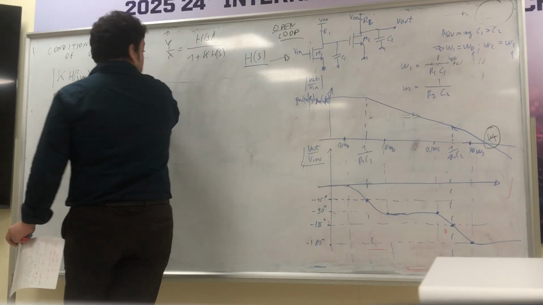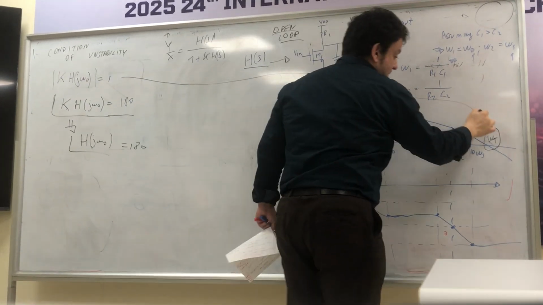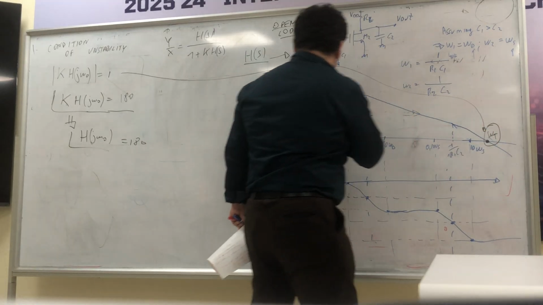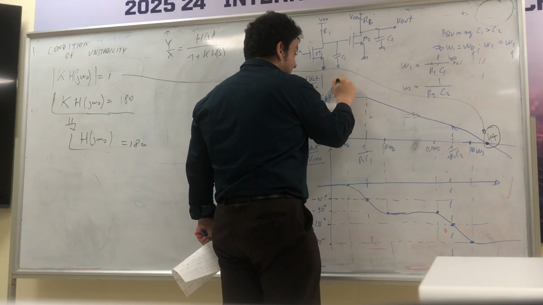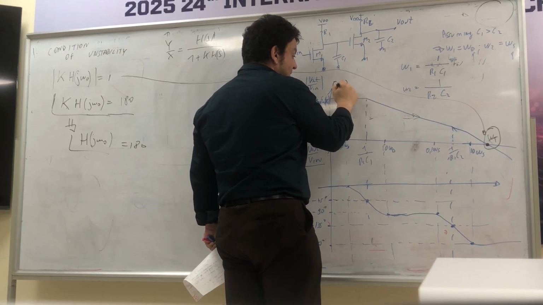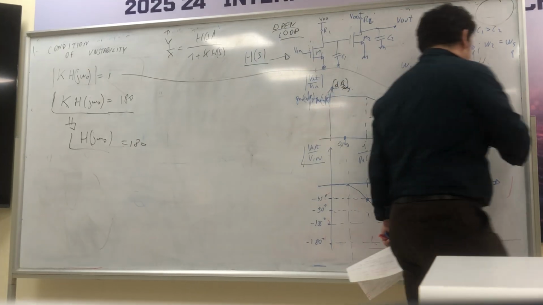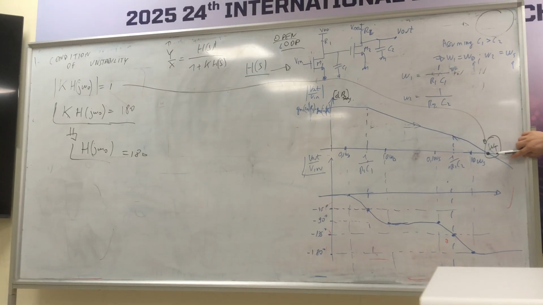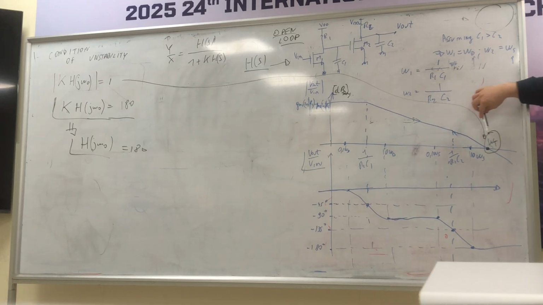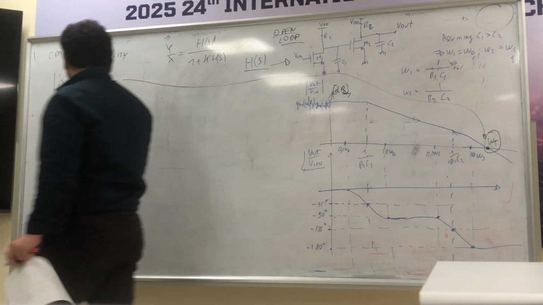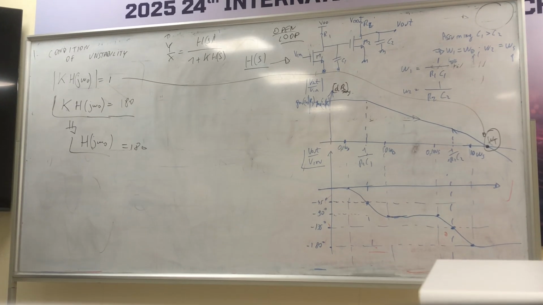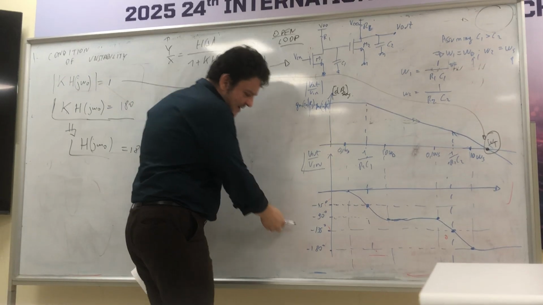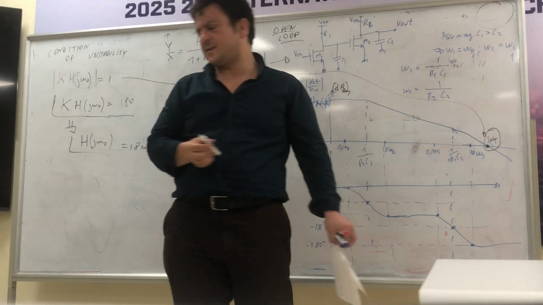This is the condition you need to be far away from. As this is the dB log scale, this is the value for which I risk being in instability, in the case the phase is equal to 180. Now you can tell me, okay, but here I mean 180 minus 180.